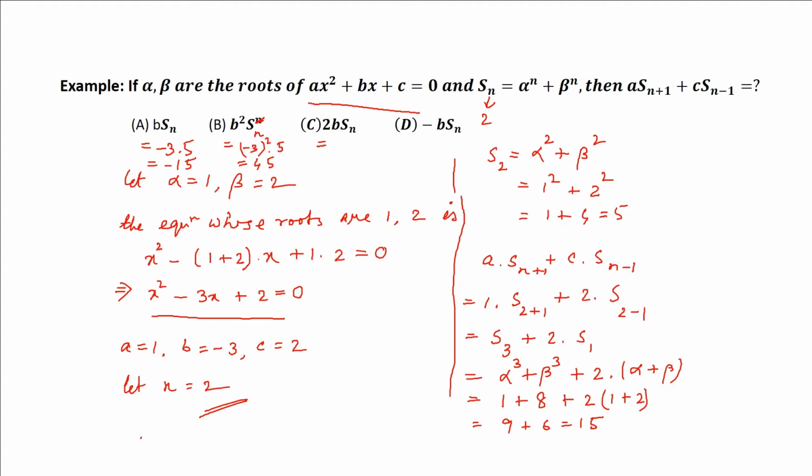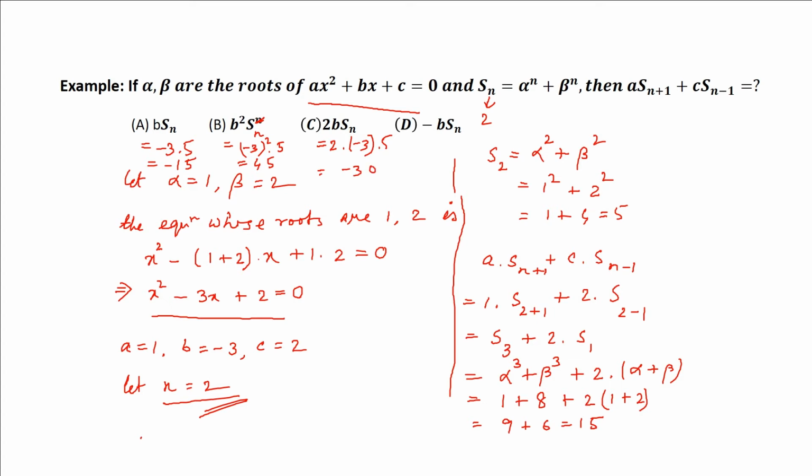Option C equal to 2 into b, that means minus 3, into Sn, that means S2. Here we take the value of n equal to 2, you know S2, that means 5, that means minus 30.